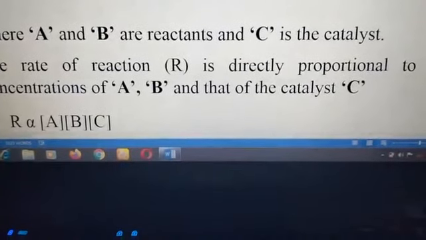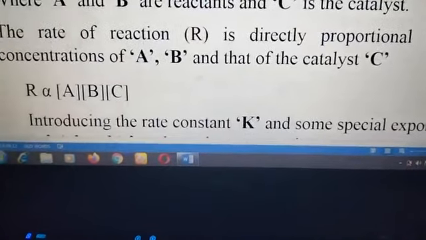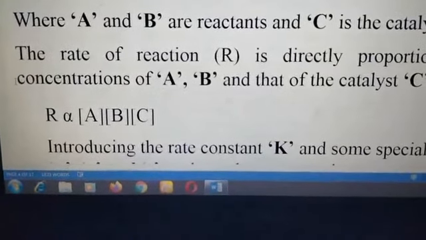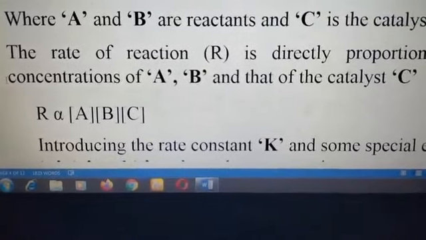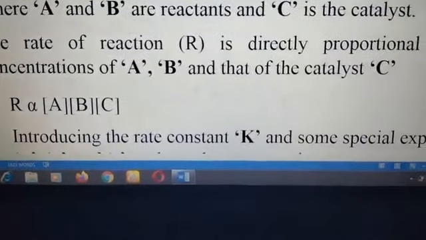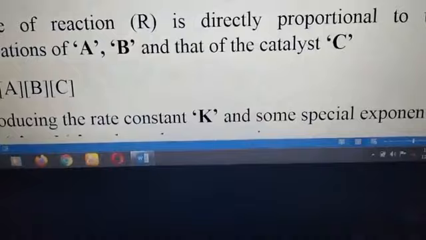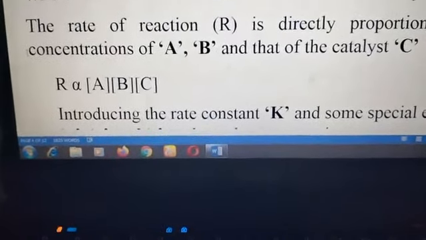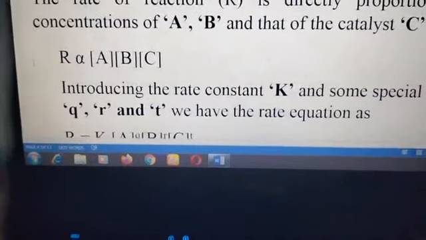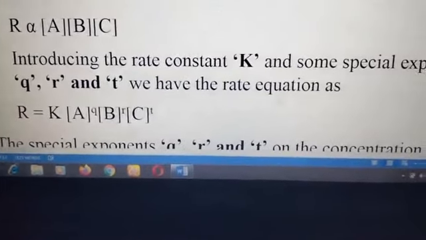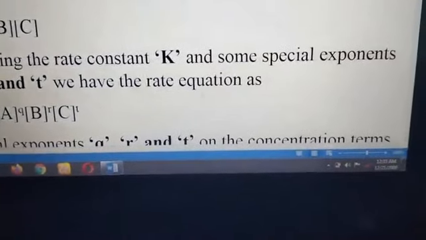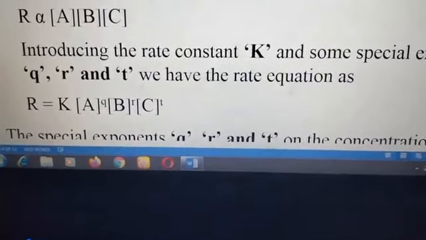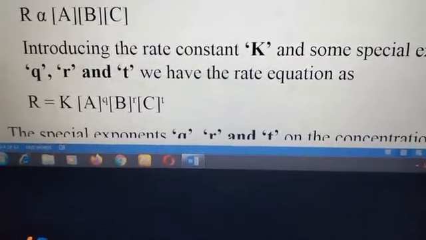We can put this relationship mathematically as shown below, where R represents rate. We have the proportionality sign, proportional to the concentration of A, then the concentration of B, and then the concentration of C, as you have there. So we now introduce the rate constant K to be able to remove the proportionality sign. We introduce the rate constant K and some special exponents Q, R, and T. We have the experimental rate equation.